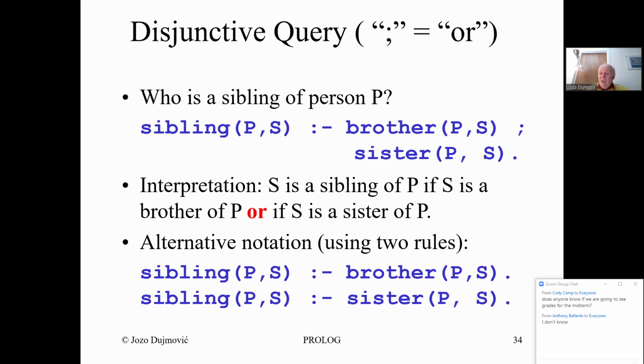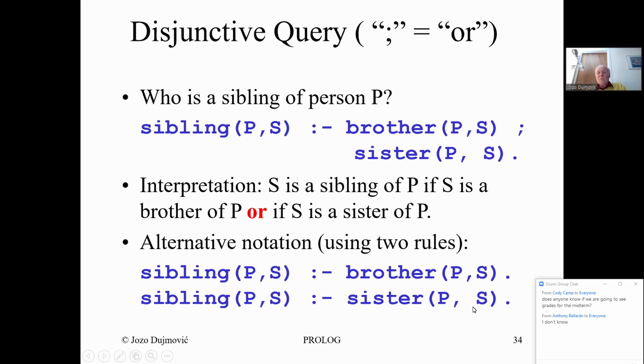The first case is that sibling of person P is S, if this S is brother of P. This is the first possibility to satisfy this sibling rule. The other possibility is that sibling of person P is S, if S is sister of this person P. So you can be either brother or sister.